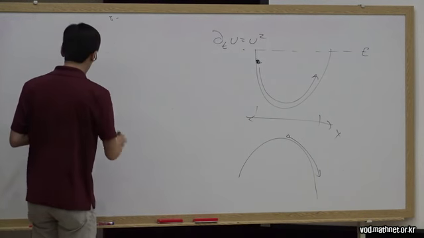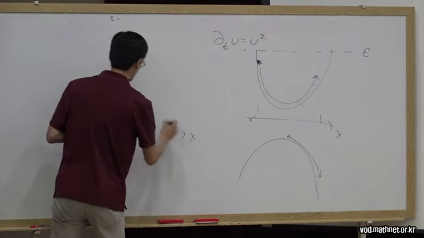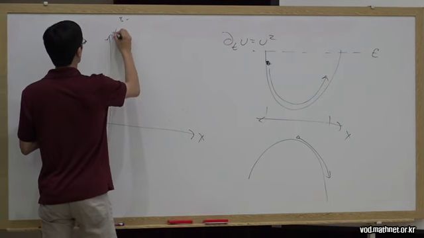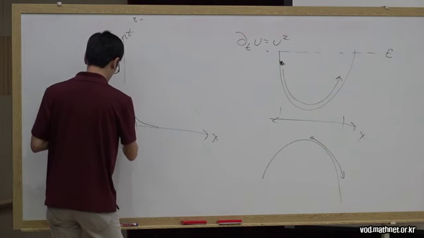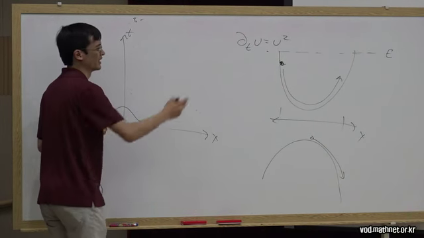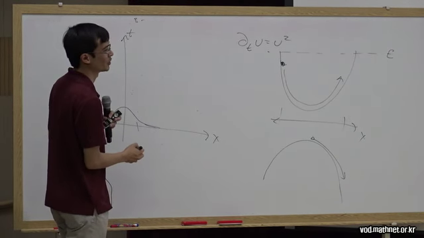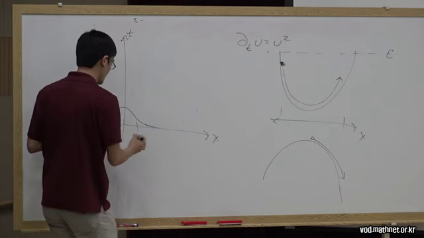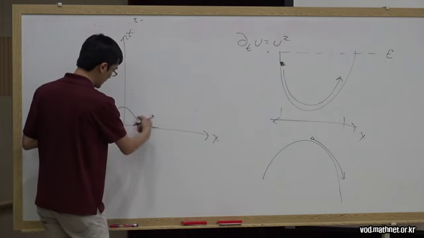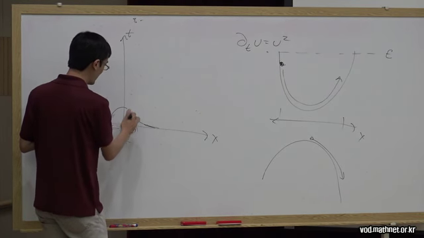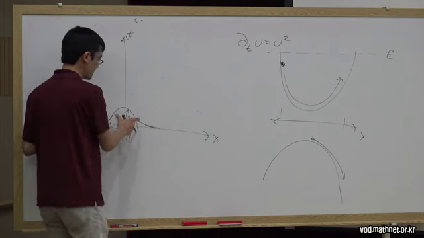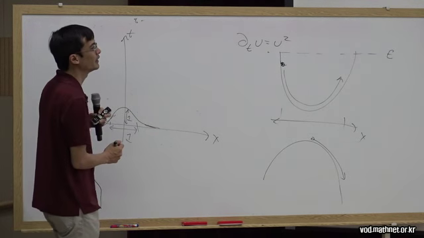Okay, so the solution. At time 0, it looks kind of like a Gaussian. It's not quite a Gaussian. It's one over the hyperbolic cosine square root, but it looks a little bit like a bump like this, and this bump has sort of a width of 1 and a height of 1. Okay, so it's a nice bump.